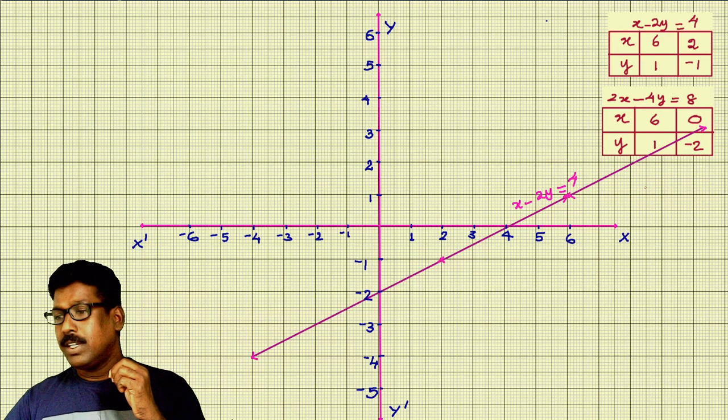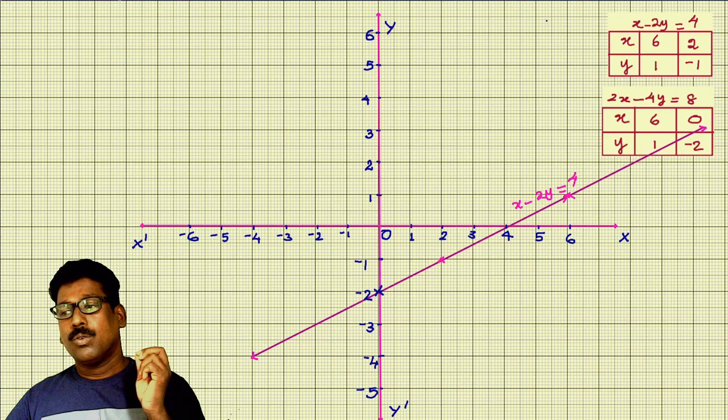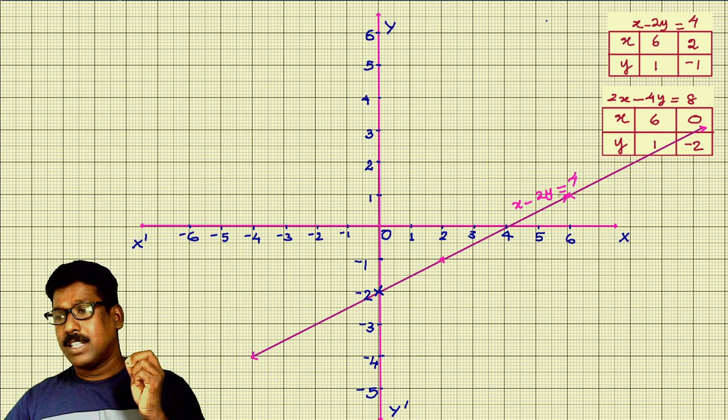Where is that point? x is equal to 0 is here and y is equal to negative 2 is here. So this will be the point x is equal to 0, y is equal to negative 2. Here x is equal to 6, y is equal to 1 is this point.